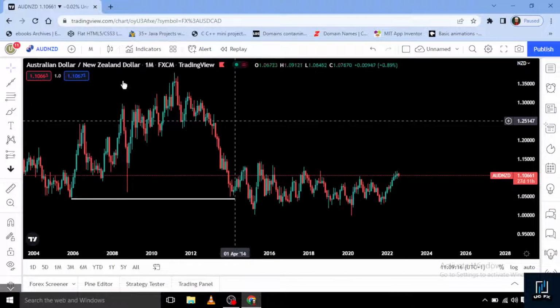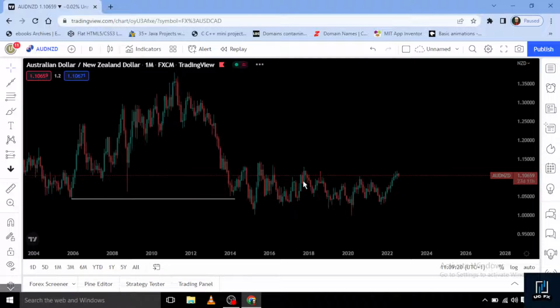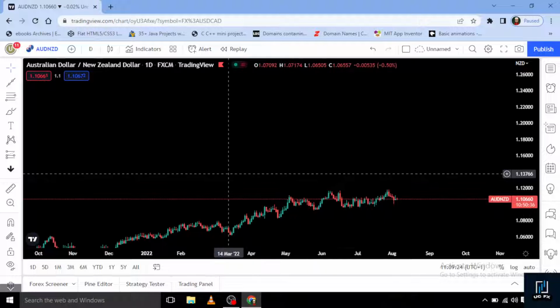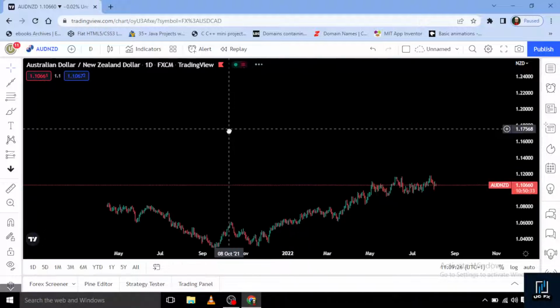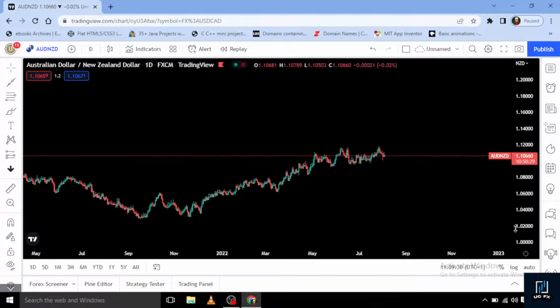But if you go down to the weekly or the daily, let's say the daily chart, you will see that on the daily chart, the market is making higher highs and higher lows. So on the daily chart, the market is bullish.